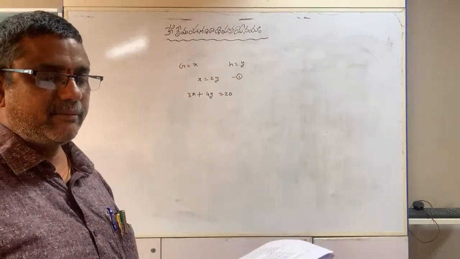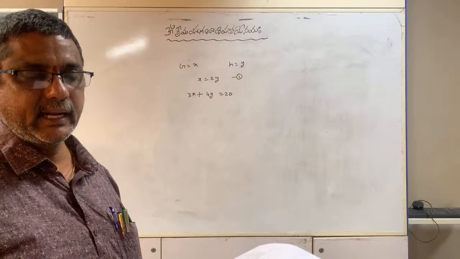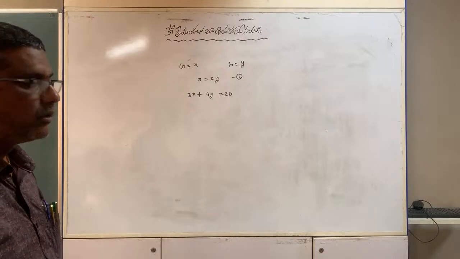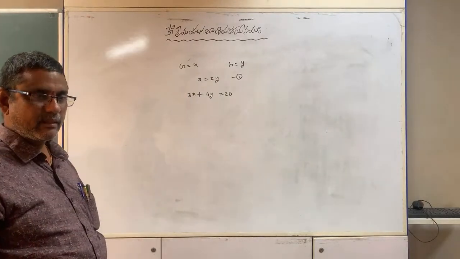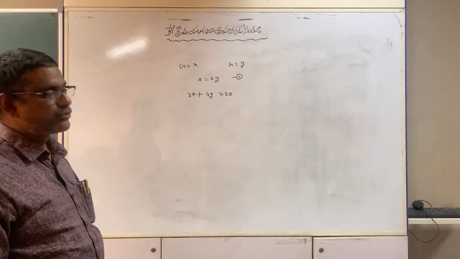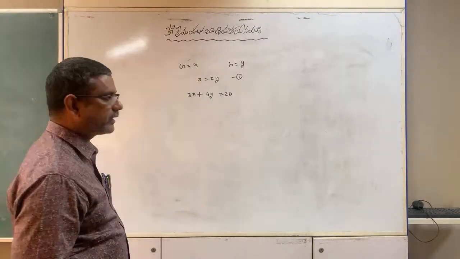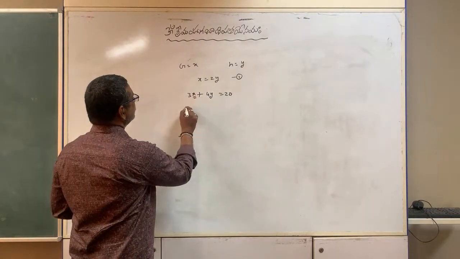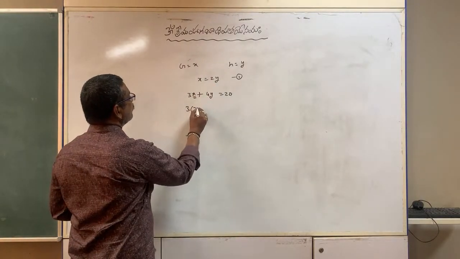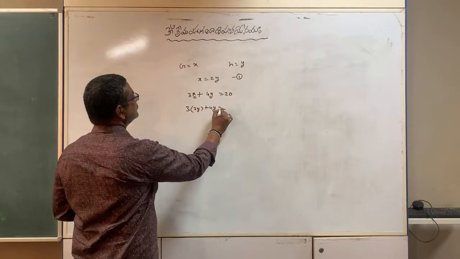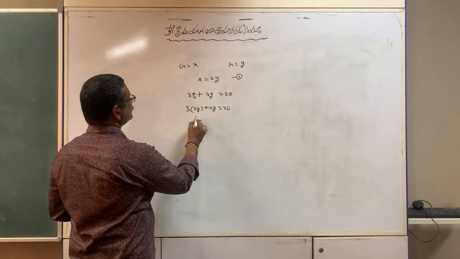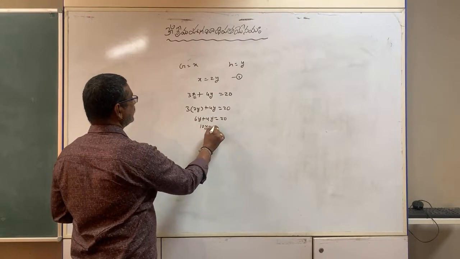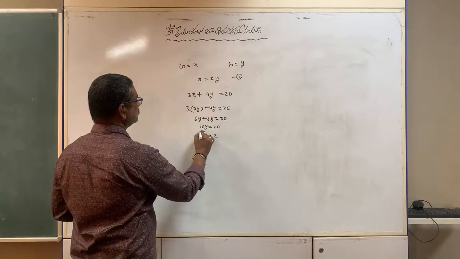Find the number of times she played hoopla and the number of times she rode the giant wheel. We need to find out the x value and y value using these two equations. How? Substitute. Given x is 2y, substitute here: 3 into 2y plus 4y is equal to 20. 6y plus 4y is 10y, equal to 20. y is equal to 2.